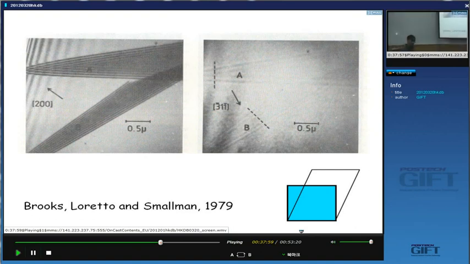Now, supposing I look at this fault and I image it using g dot R equals 0. Are you familiar with that? Are you familiar with imaging Burgers vectors by using reciprocal lattice vectors which are at 90 degrees to the displacement? So there's a technique in electron microscopy where you can make a dislocation disappear if you use an imaging vector which is at 90 degrees to the displacement, because then the displacement is not visible.